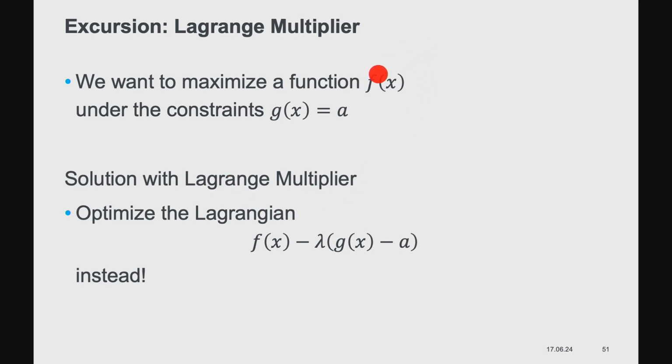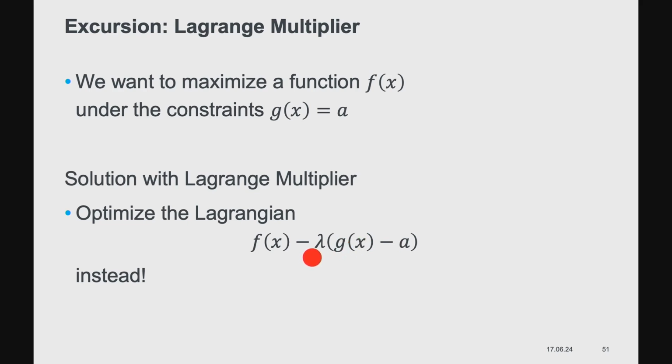So rather than look in which area my g of x has exactly this value, I optimize the function f of x minus lambda times g of x minus a. Obviously, if g of x and a have the same value, then this whole thing is 0, so there is no punishment.